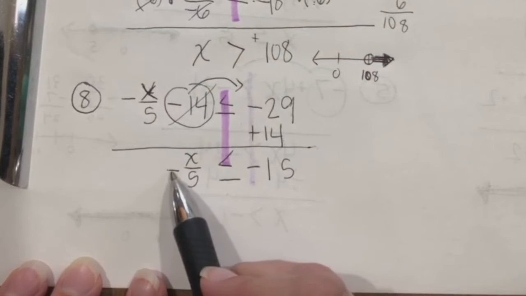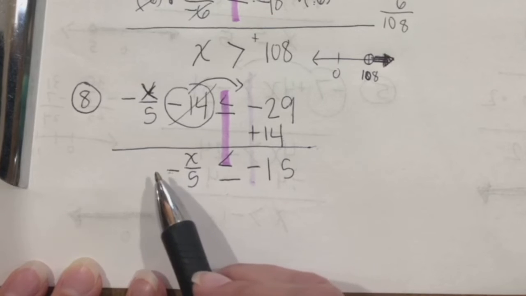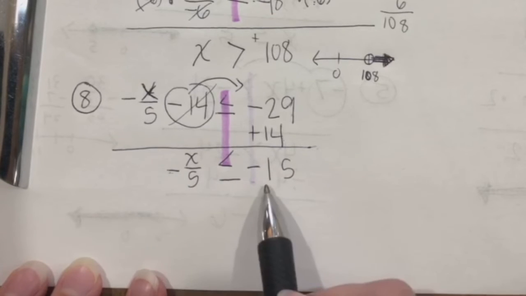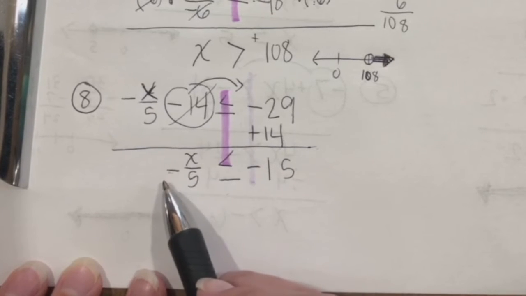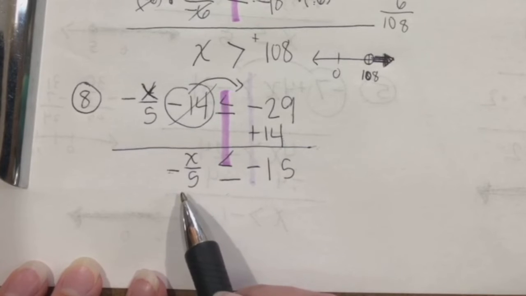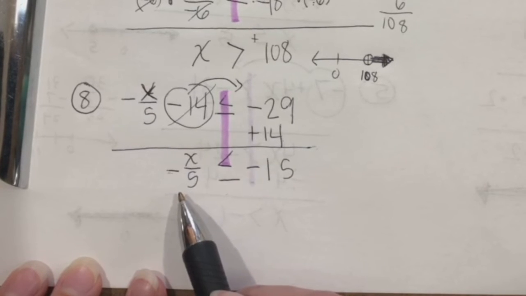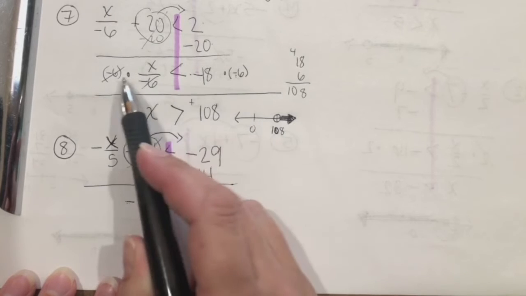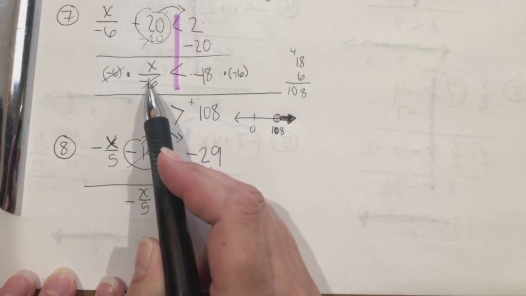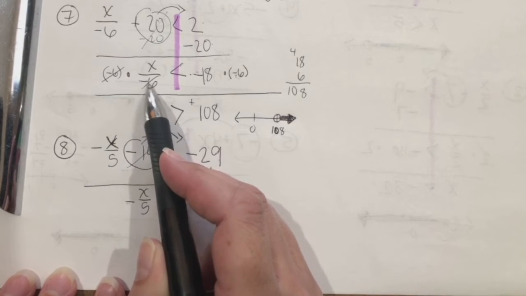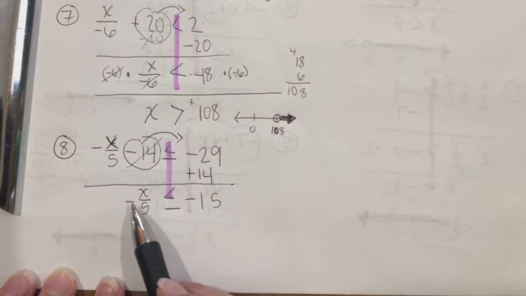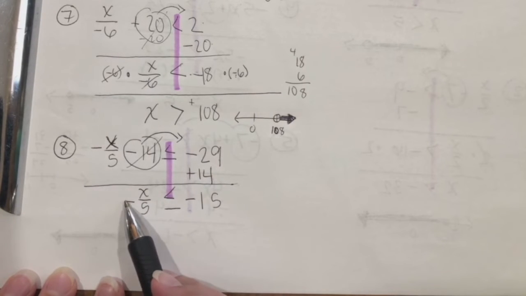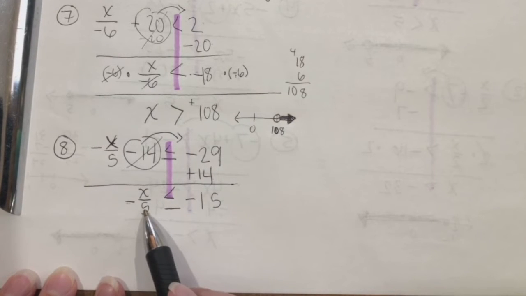So even though the negative is out in front, I can still multiply by a negative 5 on both sides, and I'll cancel out that negative and cancel out the 5 at the same time. So just like I multiplied negative 6 on both sides here to get rid of this negative 6 in the denominator, I can do the exact same thing here to get rid of the negative and the 5 in the denominator.